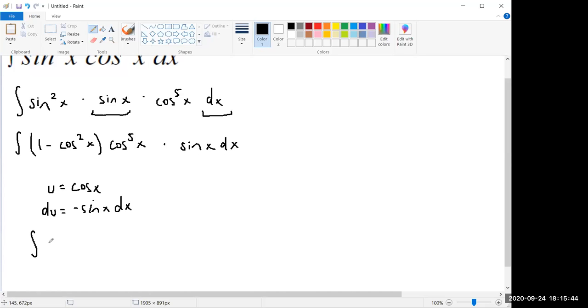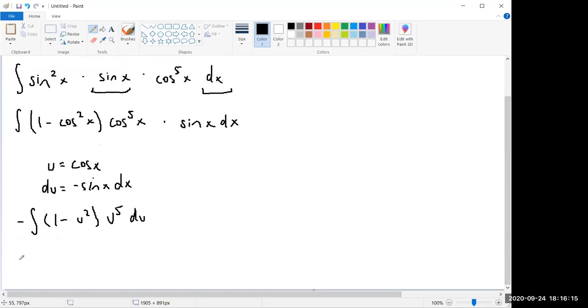If you were to substitute it, you get 1 minus u squared. This is u to the fifth. So here we have sine of x dx, but our du is negative sine of x dx. So we're going to have to write du, and then we're going to have to make it negative to account for this negative. All right.